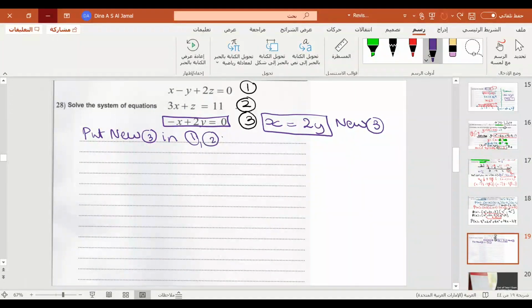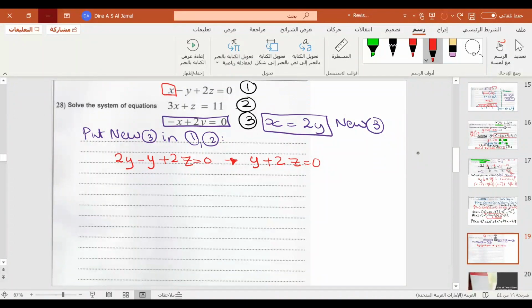And this will help you to get a new 1 and a new 2. So let's see how we can solve this. Your first one will be your x, 2y minus y plus 2z equal to 0, which will simplify later to y plus 2z equals 0.